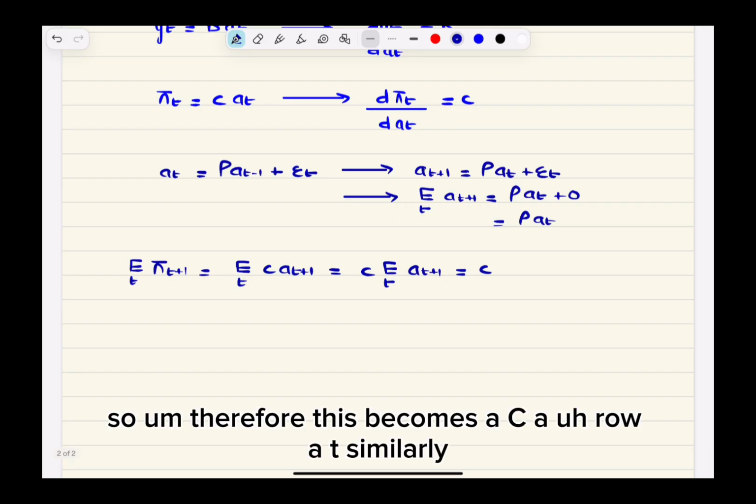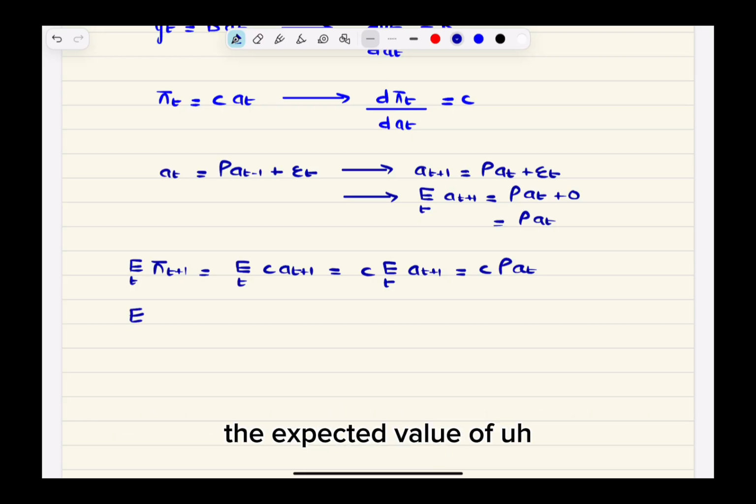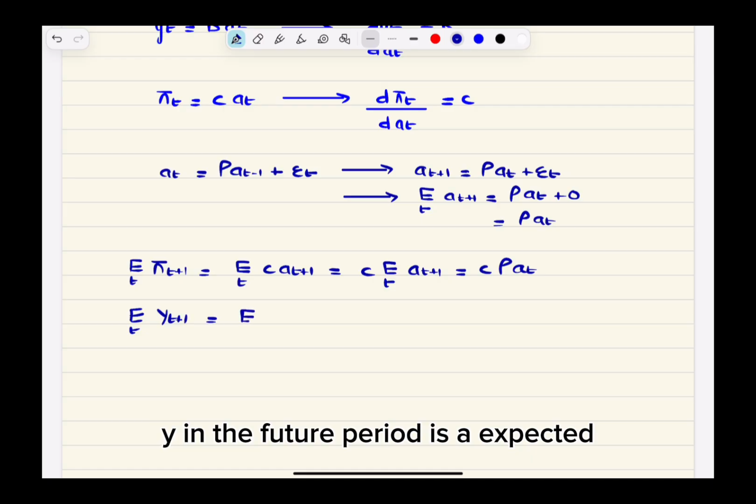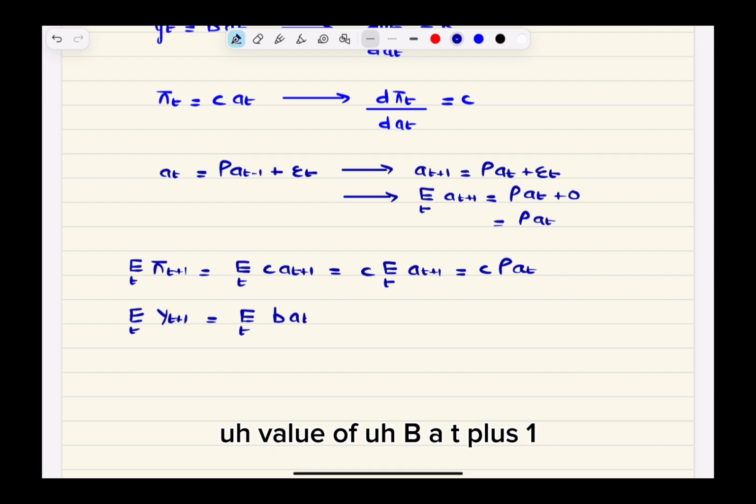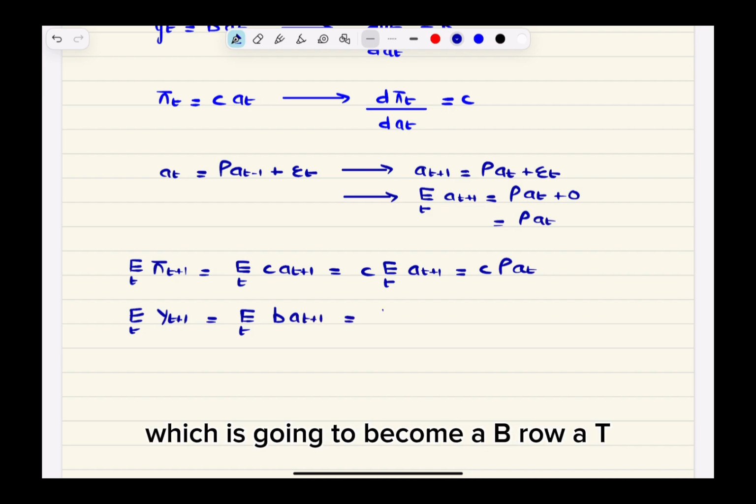So therefore this becomes c rho a_t. Similarly, the expected value of y in the future period is the expected value of b a_(t+1), which is going to become b rho a_t.